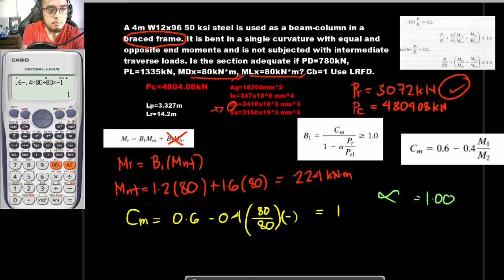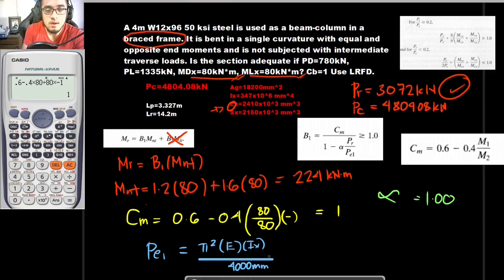And as for PE1, that is the Euler's buckling stress resistance. So ano nang ginagawa ko? Okay, ito. So for PE1, that is to be pi squared EIx divided by KL. And our L here is equal to 4 meters, so 4,000 mm.